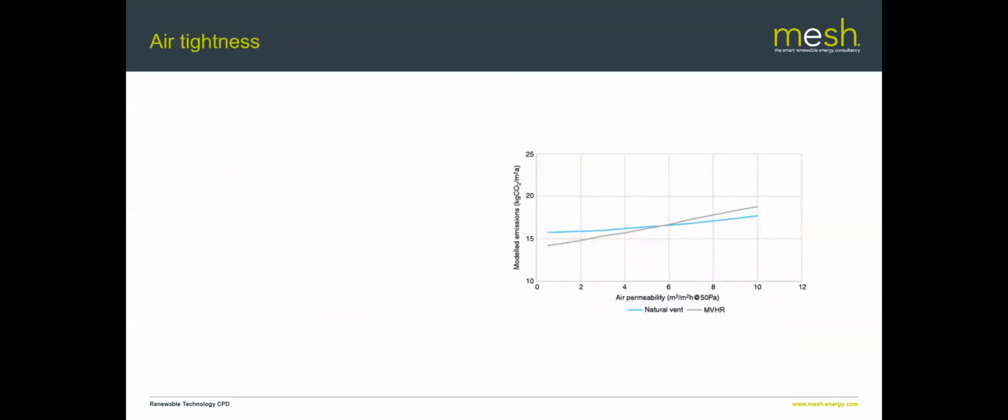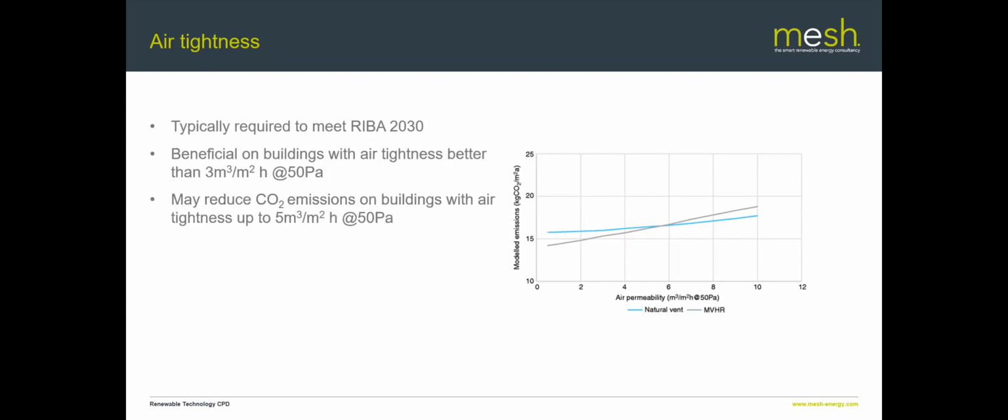Okay, so air tightness. Again, we're designing here to make sure that the air tightness is compatible with MVHR, and as we know, we're going to typically need MVHR to meet RIBA 2030.